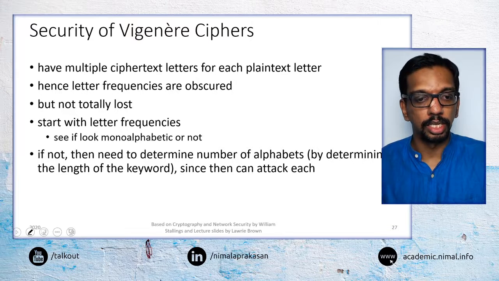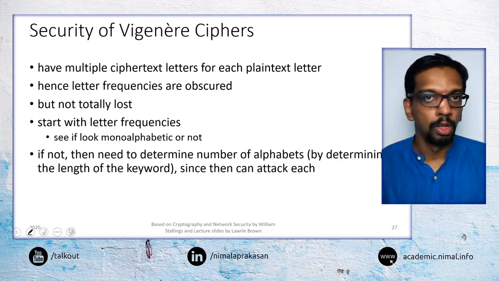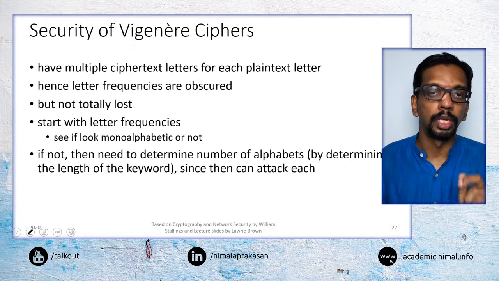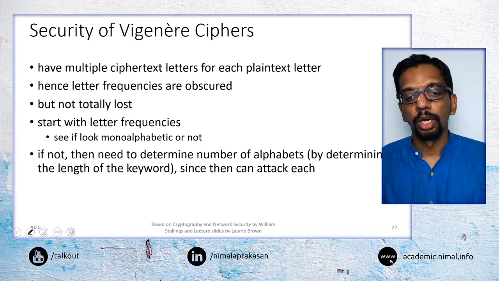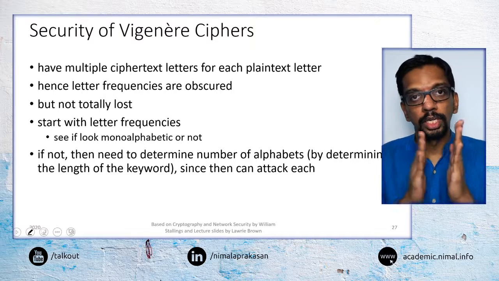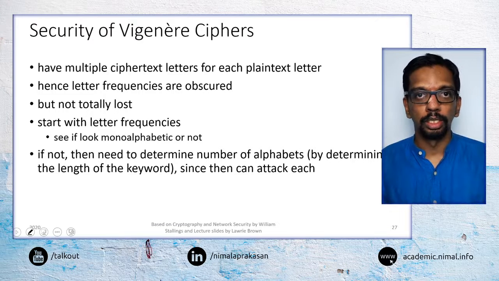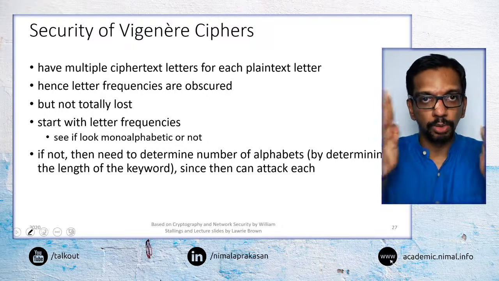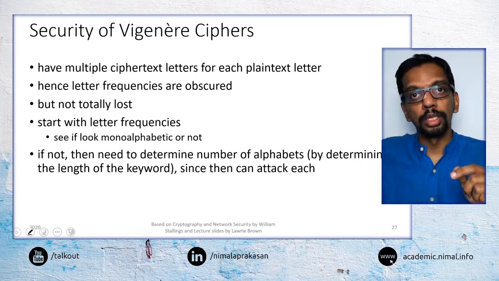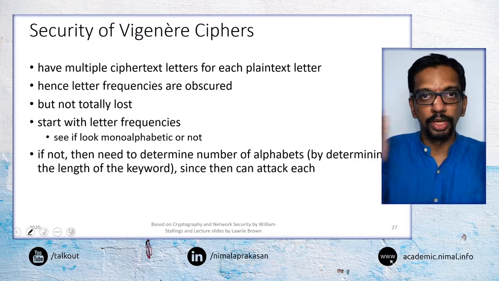We may first do a frequency analysis and see if it is working for a monoalphabetic cipher. If it is not, then we may think, okay, that could be a Vigenere cipher. Once we figure out it could be a Vigenere cipher, then we need to figure out the length of that keyword, because we use a keyword stream.